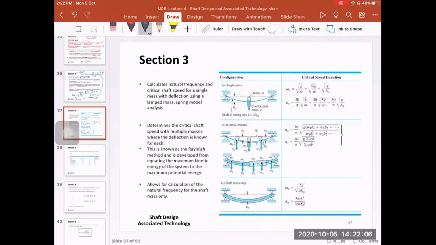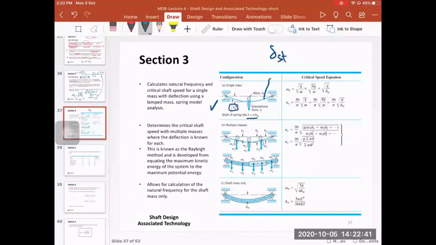The table here shows some cases. You have A, B, C, three cases. The first case is similar to the one that I have just shown you. If you have a single mass with a massless shaft, you consider the shaft as a linear spring, and due to the rotation there is some sort of deflection, which is labeled as delta static.